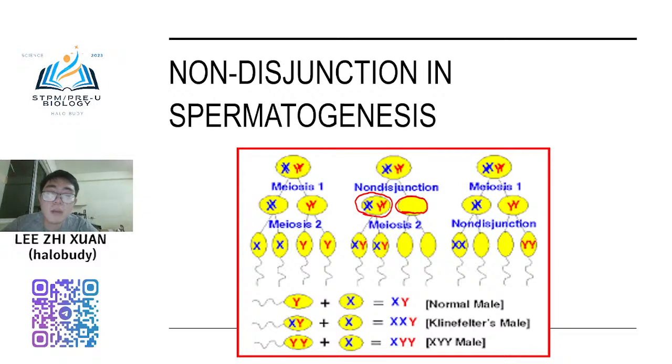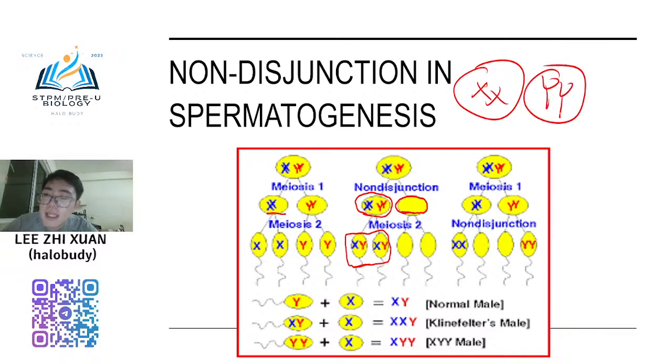After that, if meiosis 2 is normal, it will give you XY. Normally, a sperm should have either only X or Y, and after meiosis 1, it should have either 2X or 2Y only.